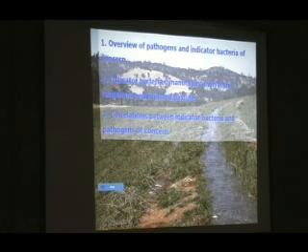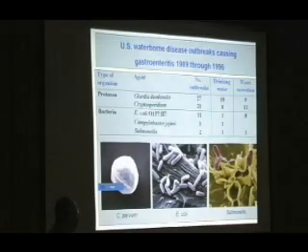What kind of numbers do we see? What types of seasonality? And then finally talk about the correlations that we're seeing or not seeing between indicator bacteria, which we regulate on and have standards for, and pathogens of concern, the things that we're worried about that'll actually cause infection, cause illness.